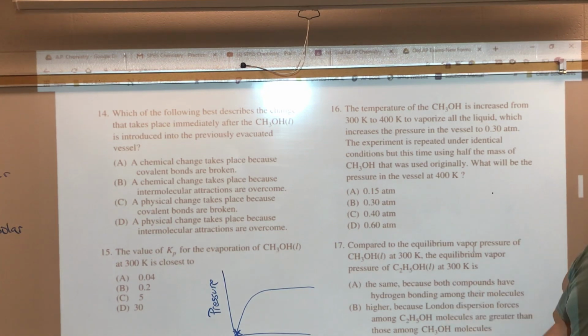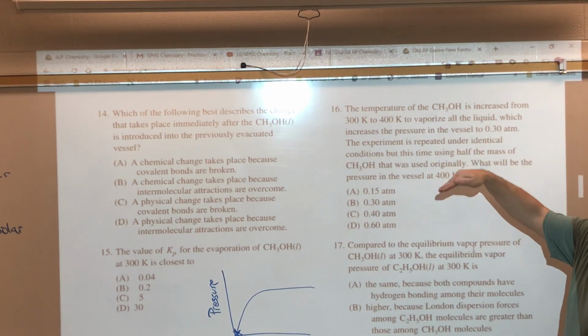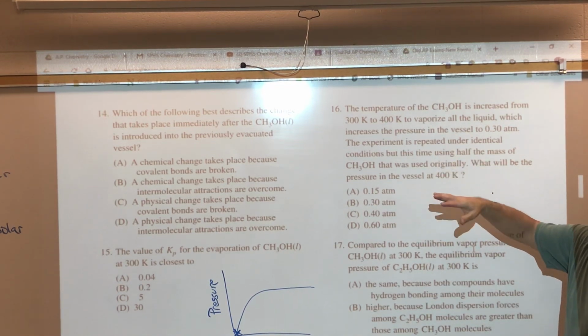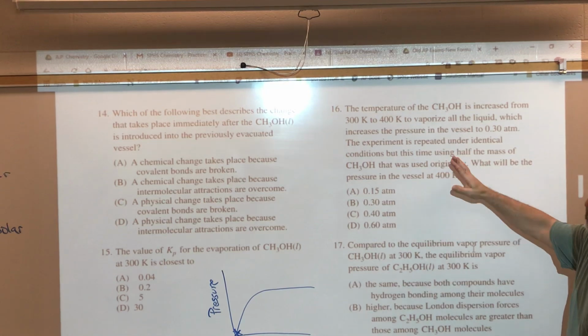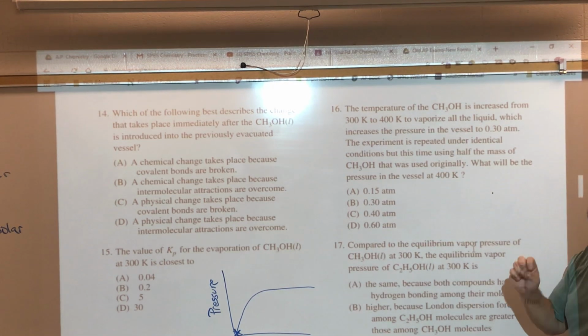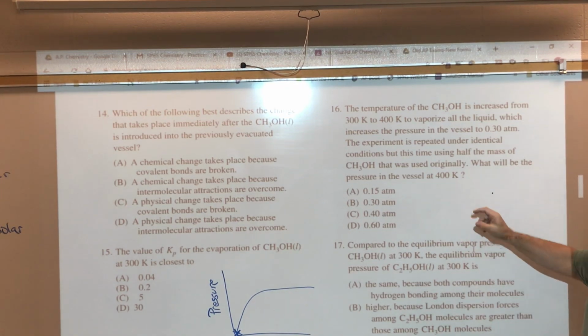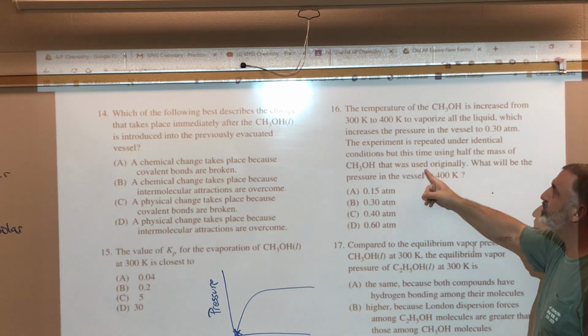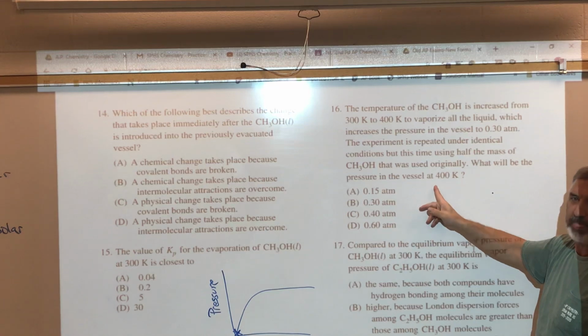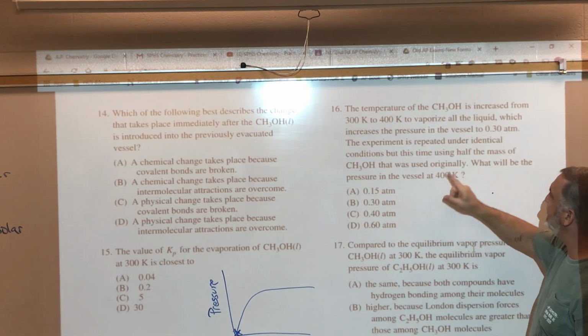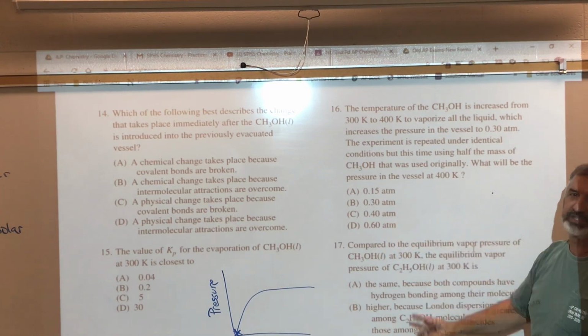Well, we're making the assumption, since they said there's always some liquid left in the bottom, that the amount that's going to evaporate is always going to be the same. The vapor pressure stays the same if it's the same temperature. So this is a little bit of a trick question, because we have to assume that it doesn't all evaporate. There's always some liquid in the bottom, and it said that up at the top. So it's going to end up being 0.3 atmospheres still.